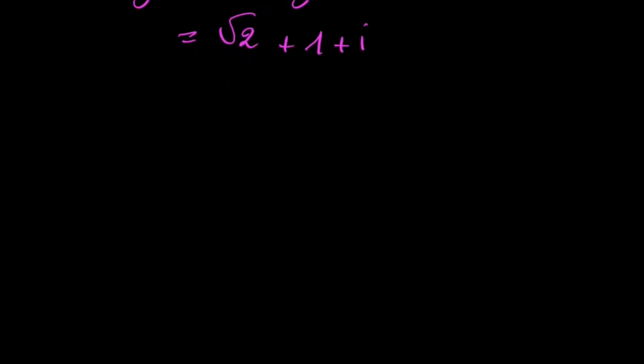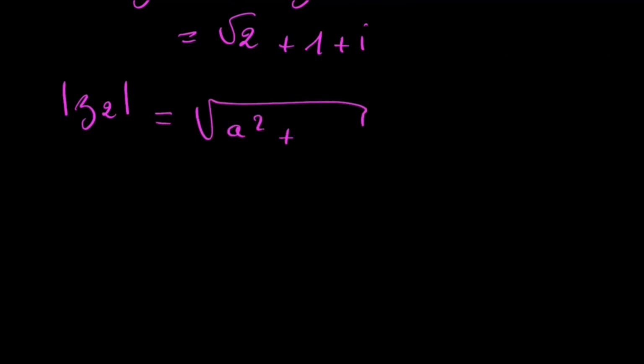First of all, we will calculate, as before, the modulus of z2. We know that the modulus of z2 equals the square root of a squared plus b squared, where here we recognize the a, and here we recognize the b. b equals 1, and a equals the square root of 2 plus 1.